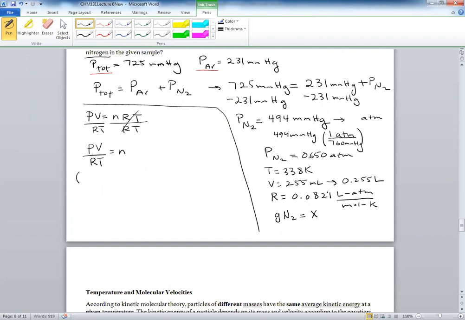Pressure, 0.650 atm. Volume is 0.255 liters.